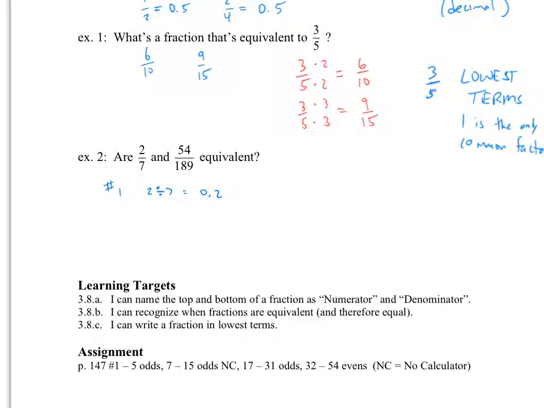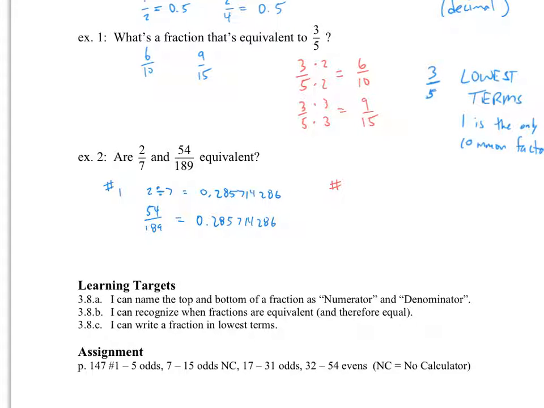There's got to be more decimals than that. 857142286. Okay, let's stop there. Now do 54 divided by 189. 0.2857142286. Whoa. So they're the same decimals, so they have to be equivalent.